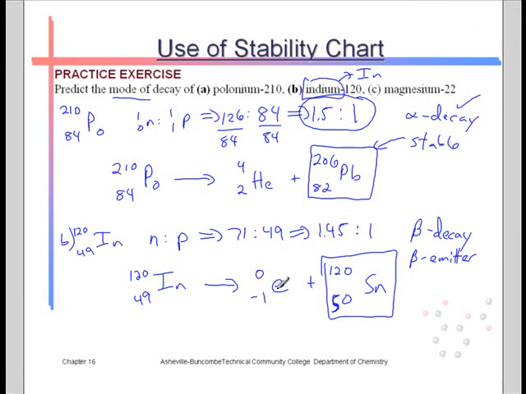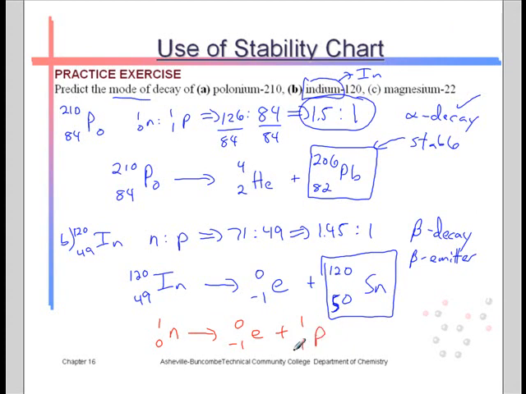And then for the beta emission, what's happening? Well, it's essentially the reverse process in some sense, where we're increasing the number of protons, going from 49 to 50. So we're actually going to form a proton when this happens, and it's coming from a neutron. When a neutron falls apart here and changes, it kicks off a beta particle, and you're left with a proton in the nucleus.